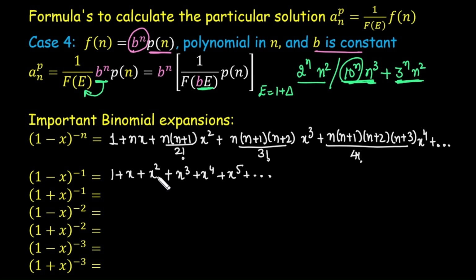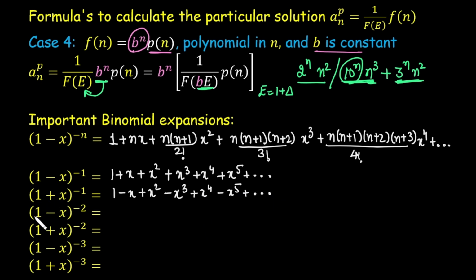Moreover, the coefficients are 1, 1, 1, 1. Similarly, we can expand 1 plus x raised to power minus 1. It is positive negative, so the same series is there but with alternating signs. So we can write in this case 1 minus x plus x square minus x cube plus x raised to power 4 minus x raised to power 5 and so on.